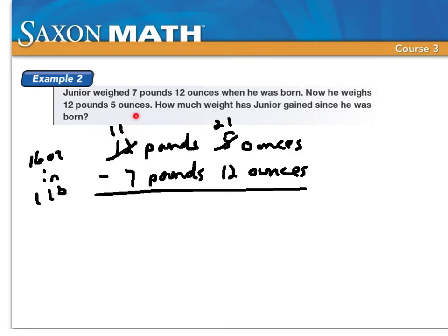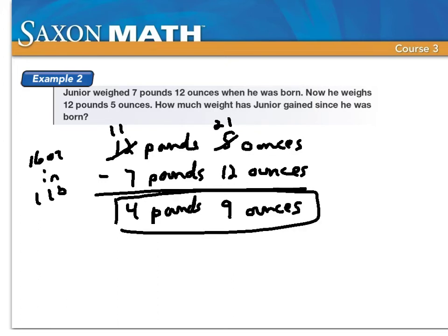Now we can subtract 21 minus 12, that gives me 9 ounces. And 11 minus 7 is 4 pounds. So he has gained 4 pounds and 9 ounces since he was born.